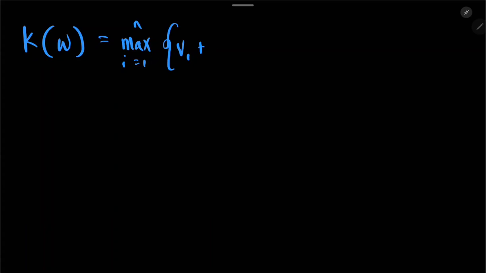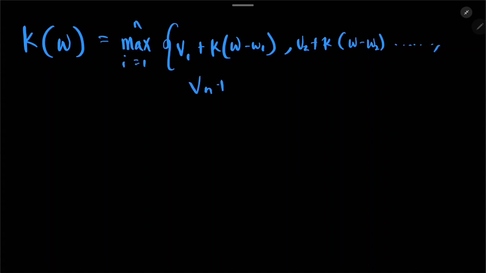We want to pick the maximum from each of these, up to Vn. So this is what the knapsack is.